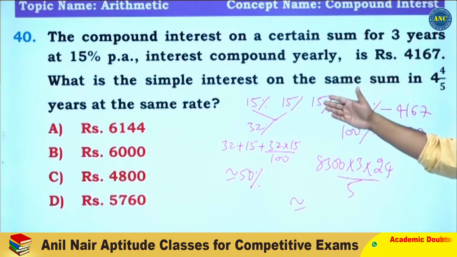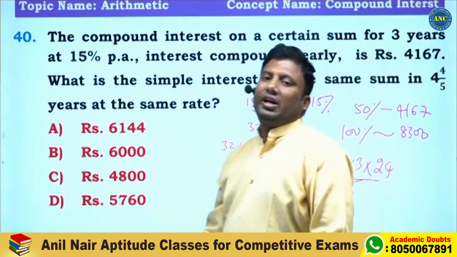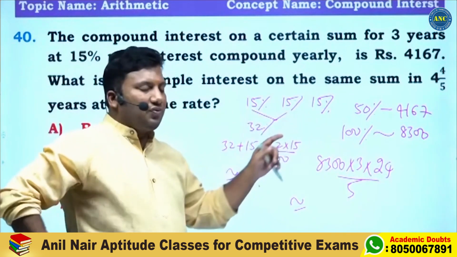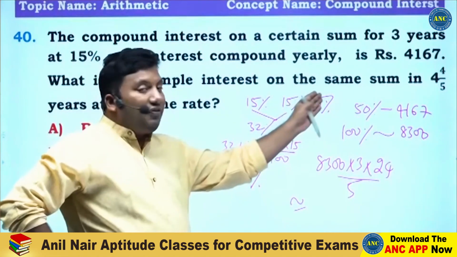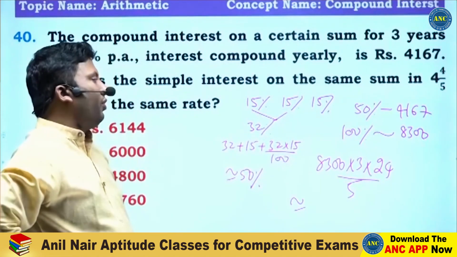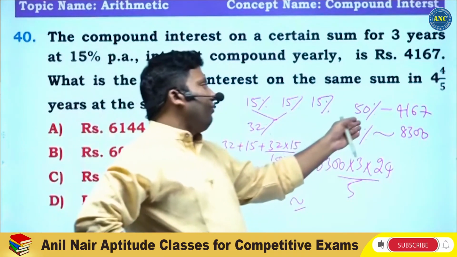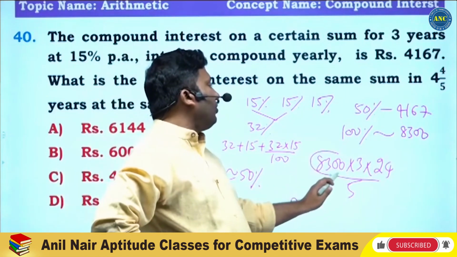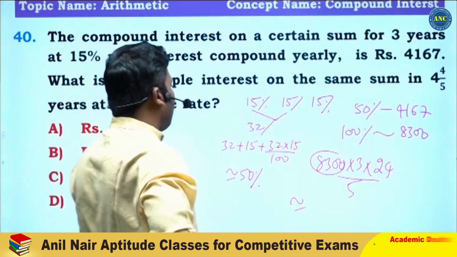Approximate answer. 15%, 15%, 15%. 15 plus 15 plus 15 into 15 by 100. 32. 32 plus 15 plus 32 into 15. Approximately 50. 50% is given as 4167. 100% is the total principal. 4167 into 2, 8,300. On 8,300, what is the percentage?